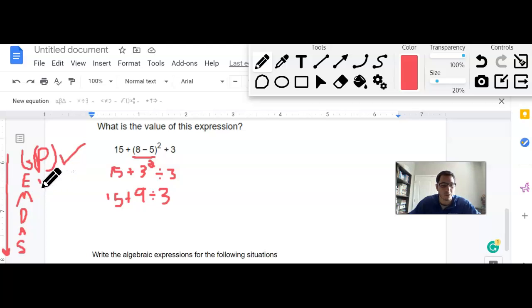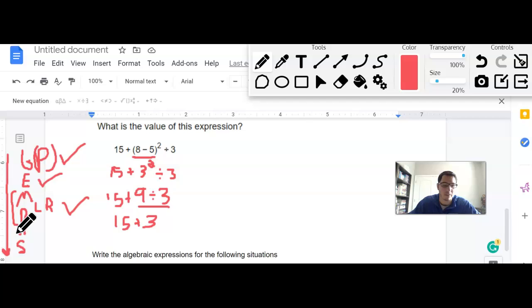No more exponents, so we can check that off. Multiplying and dividing from left to right. I see division. So let's go ahead and divide 9 divided by 3, which is 3. Bring everything else down. 15 plus 3.